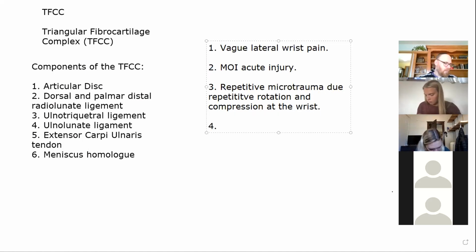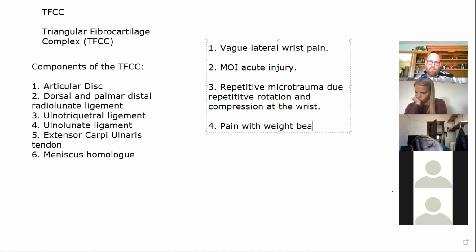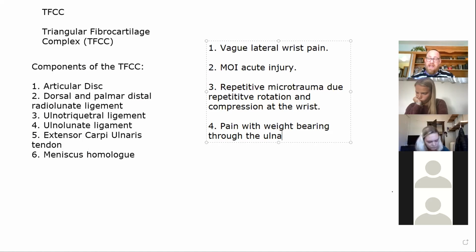One of the biggest things these people are going to complain of is pain with weight bearing through the ulna, and I'll talk about what that means. For example, if I'm going to get up from a chair, or I'm sitting on a couch or a bed and I go to get up, I'm going to put my hands down on that surface and push up.